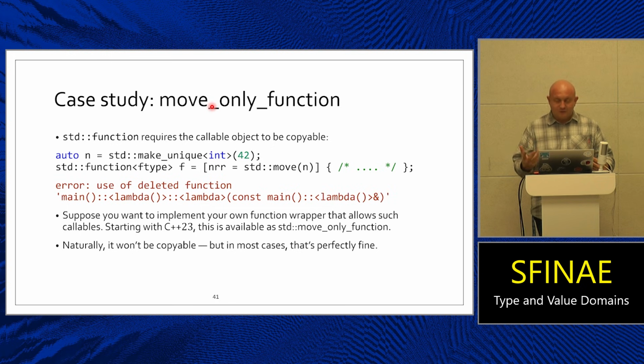But imagine we don't. And a regular function will not work if the closure is not copyable, if the closure is movable. And the error is use of deleted function inside the closure. So, if you try to capture a unique pointer and assign it to std::function, the compiler complains.